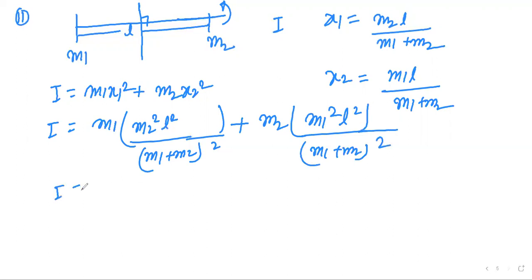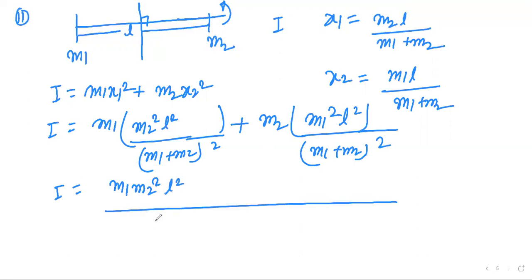So this will be M1 M2 square L square, right? The denominator is the same, M1 plus M2 whole square. This will become M2 M1 square L square.